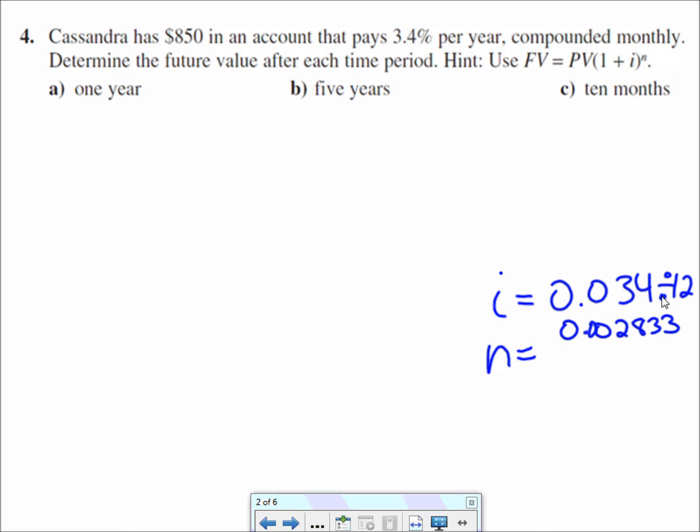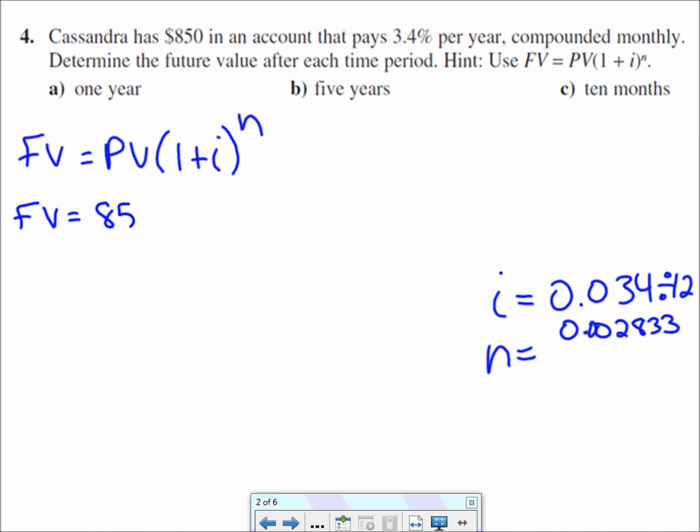So, first things first, 1 year is going to be 12, because it's monthly. So here it's going to be future value is equal to 850 times (1 plus 0.002833) to the power of 12. 1 year times 12 compounding periods.